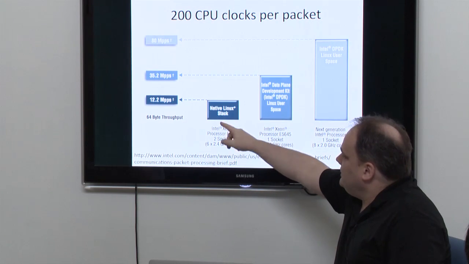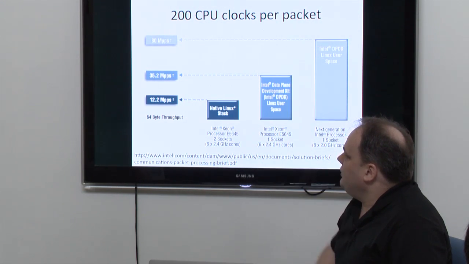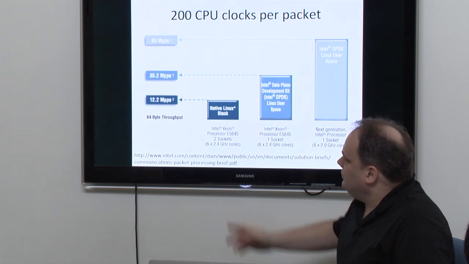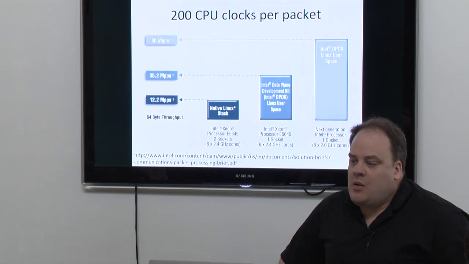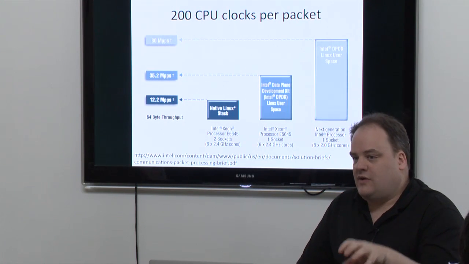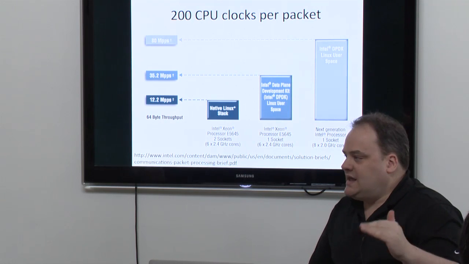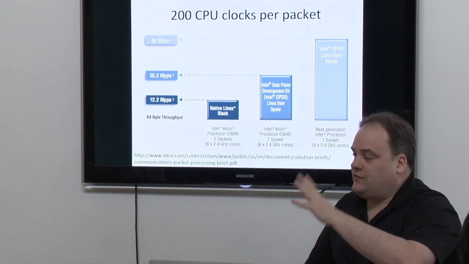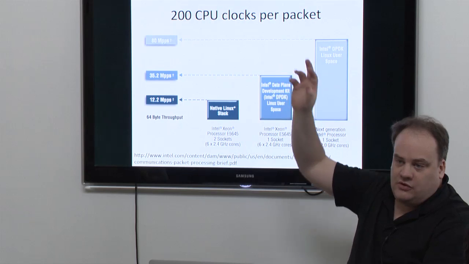Now, when they use the native Linux stack in bridge mode, Linux can do about 12 million packets per second. But that's with all the packets staying at a fairly low level in the kernel, going from one device driver to the next, not even getting to the point of netfilter, much less up to user mode.